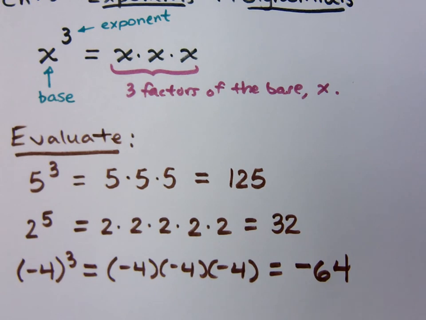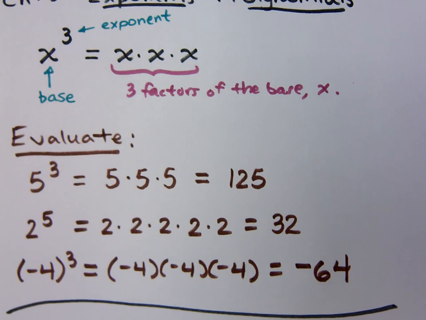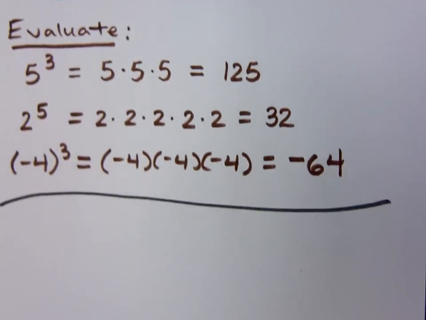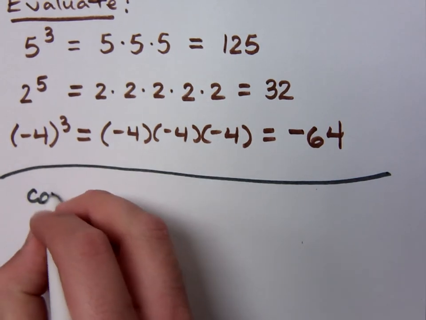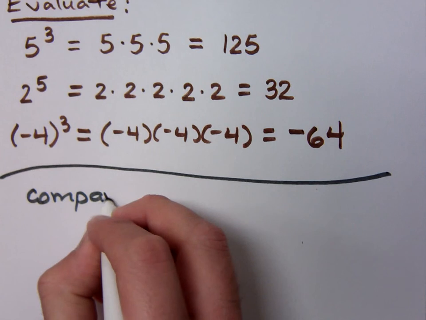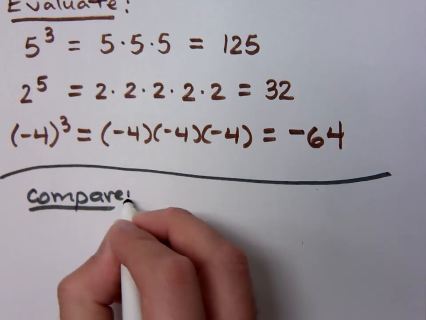Okay. Now I want you to compare some things because not every expression is exactly what you think it is. You have to pay very close attention to the exponents and their use in that particular example. So I want you guys to compare the following.